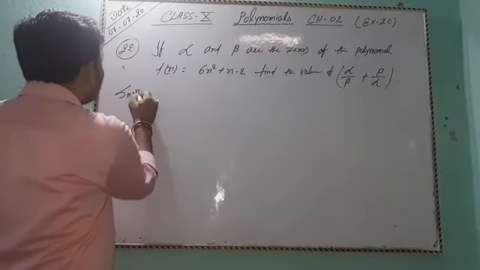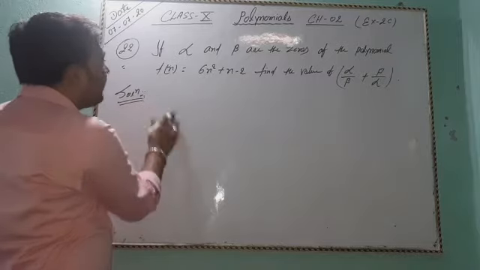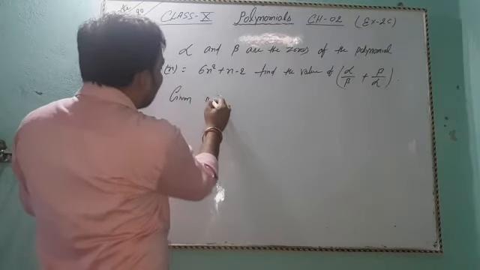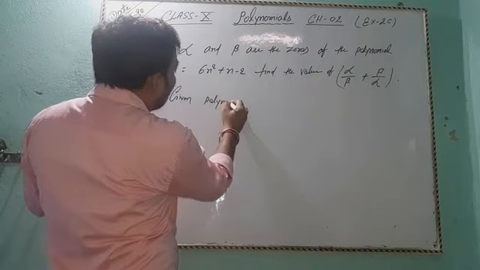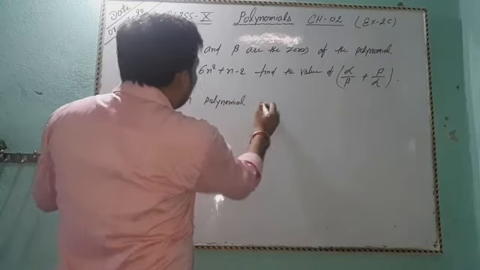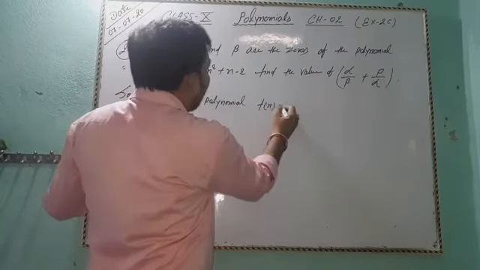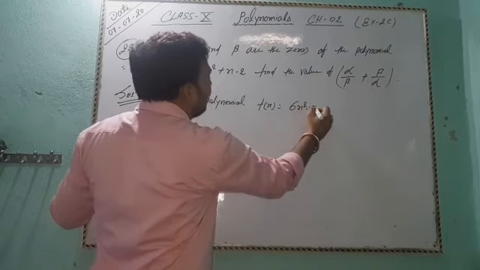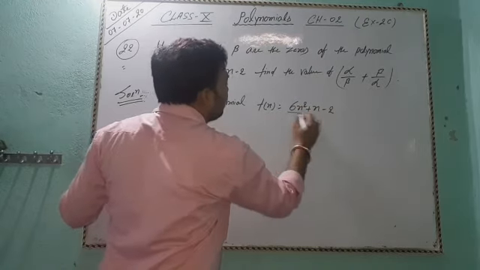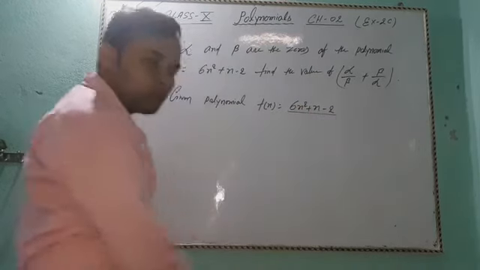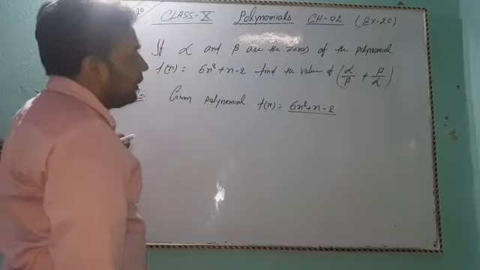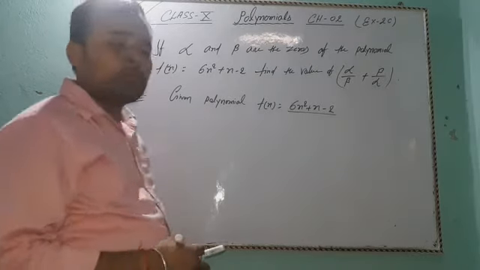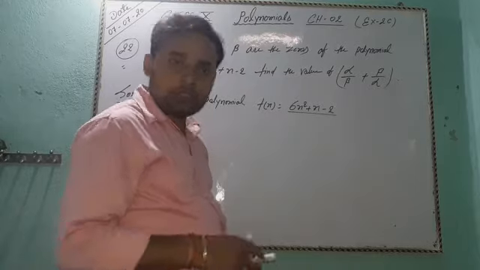Solution. Given polynomial f(x) equal to 6x square plus x minus 2. First of all find the sum of the zeros and the product of the zeros.